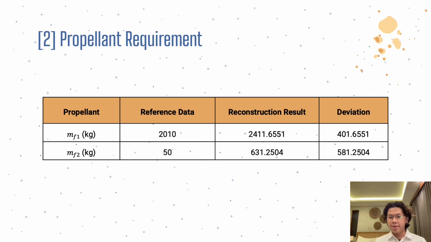Next is to compare the propellant required to conduct the velocity change. Here I show you the deviation instead of error, so it is easier to see the difference of propellant mass between the calculation results and the reference data. The analysis is more or less similar to the trajectory parameters comparison. However, it is important to show that for the second propellant consumption, a large deviation number is produced because the spacecraft didn't actually enter Mars parking orbit.